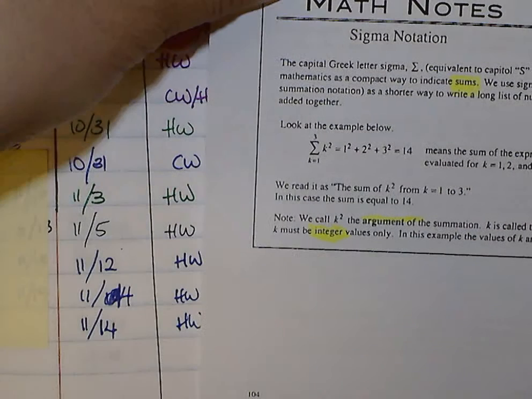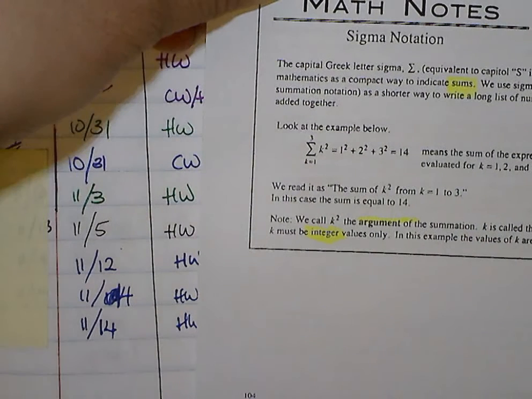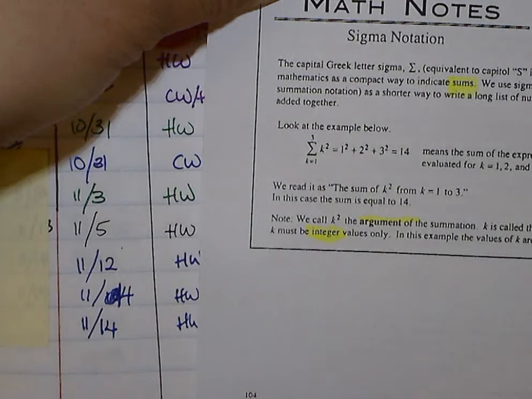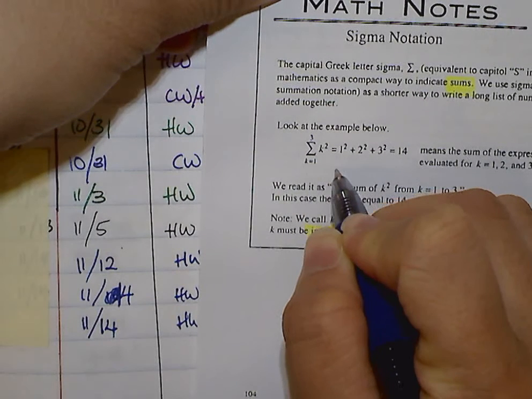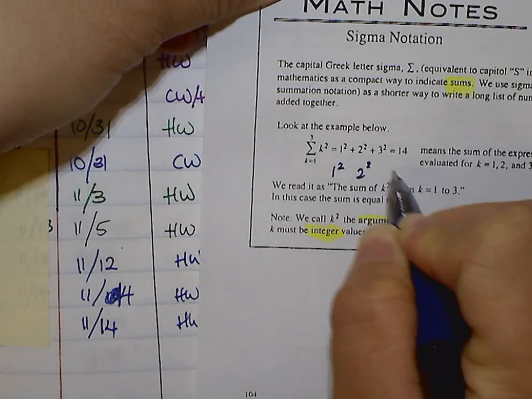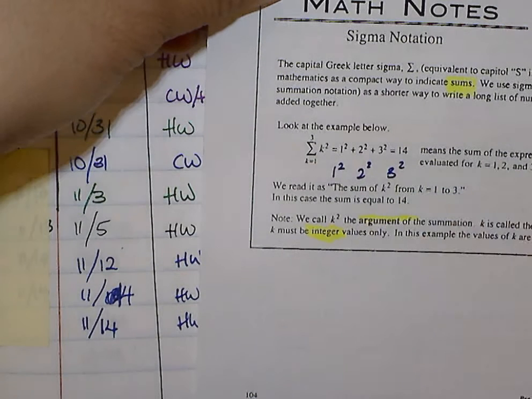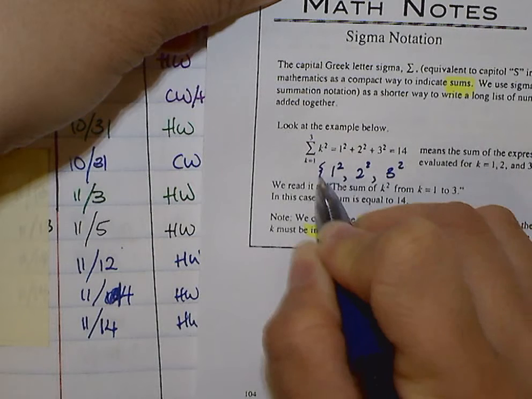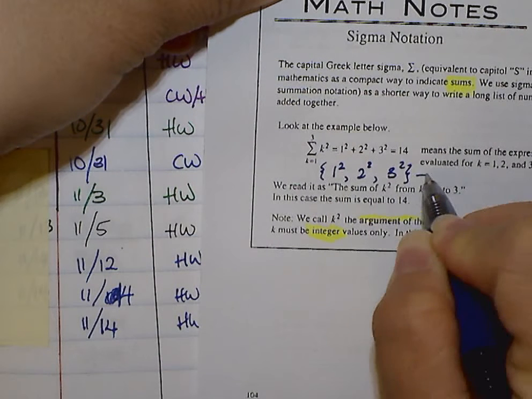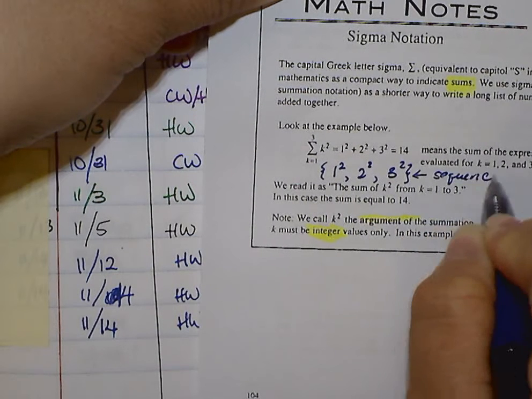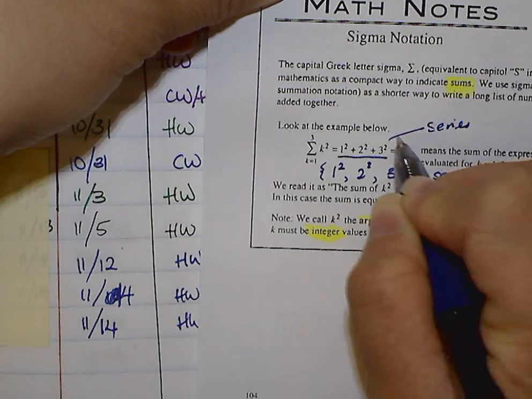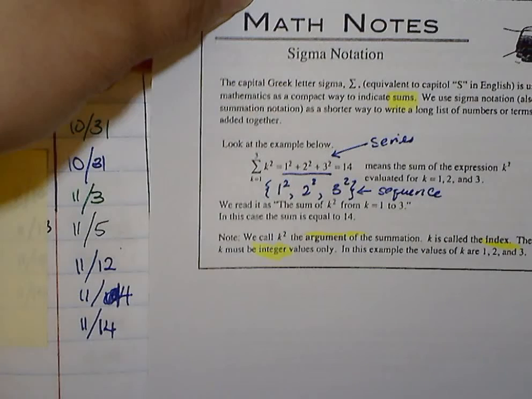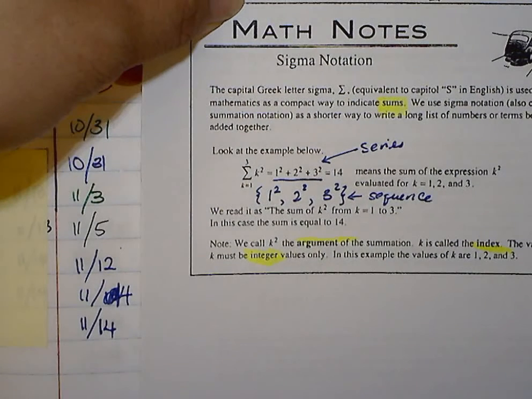The sequence here would be this, this, this. That's a sequence. When you add it up, that's called a series. In pre-calculus, there's a topic called sequences and series, which we're doing right now.